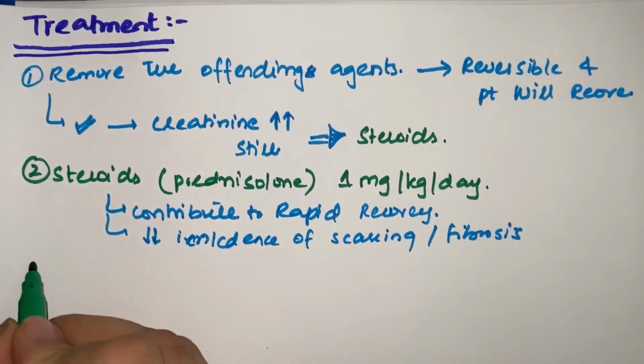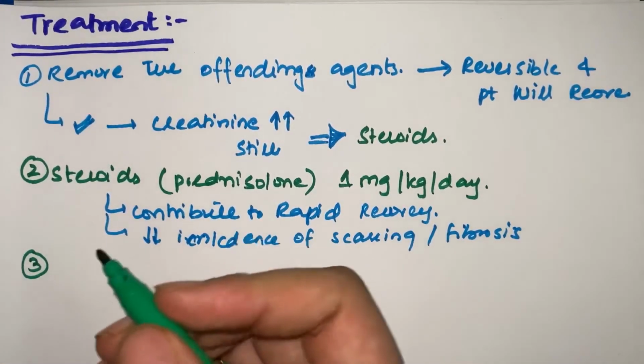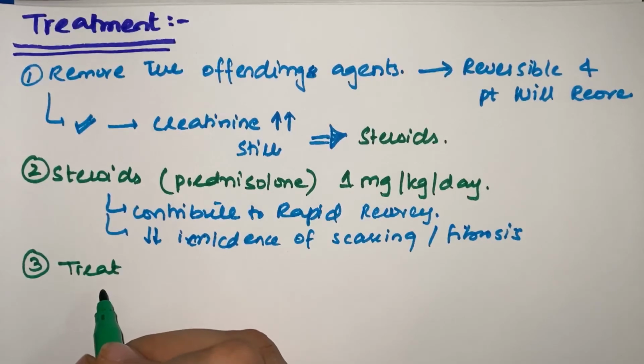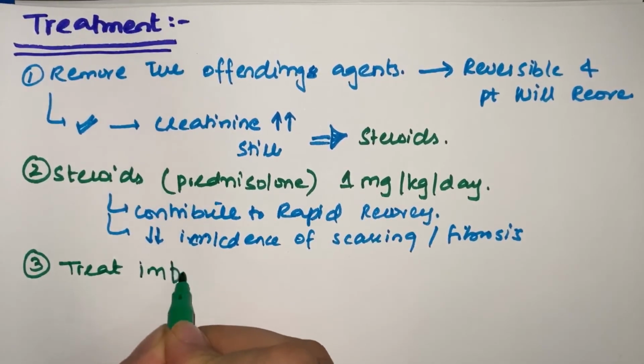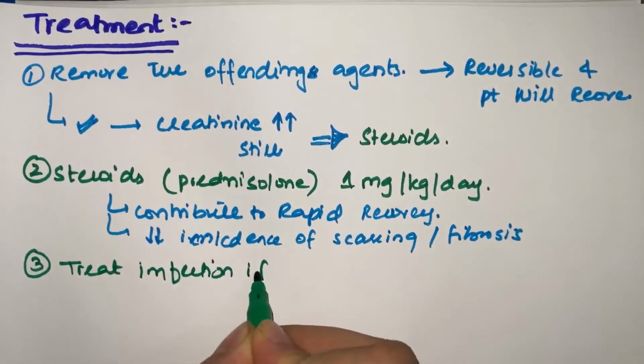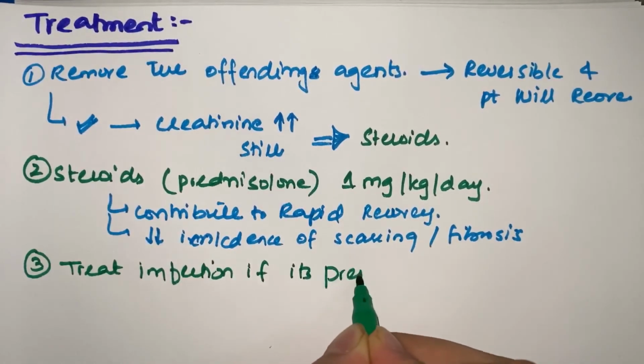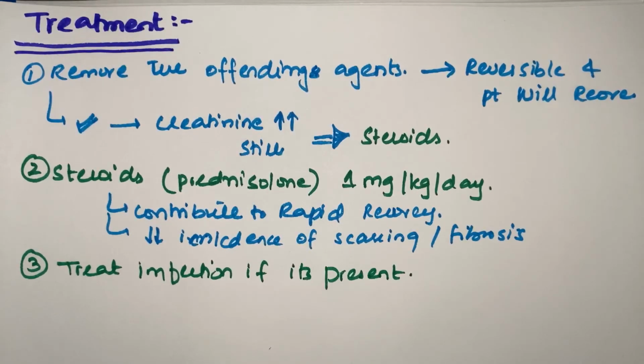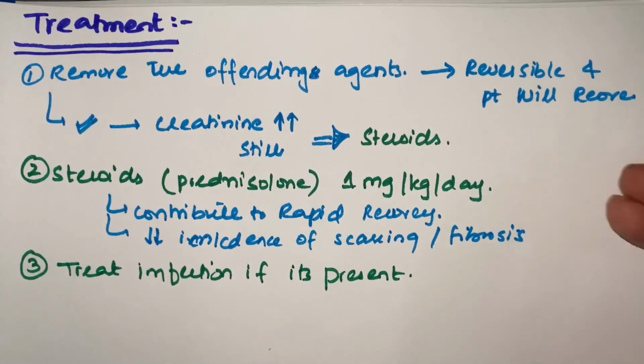So the third step of treatment: as we know that one of its causes is infection, we will treat the infection if it's present. So yes, this is a very simple treatment of acute interstitial nephritis. Just a quick summary: we remove the offending agent. Mostly the patient will recover and the disease will be reversible in that state.